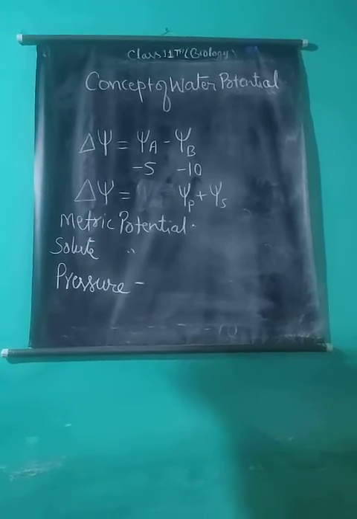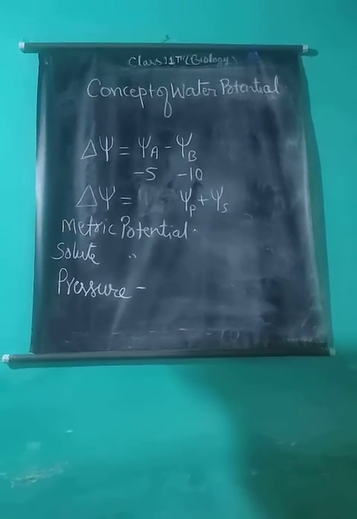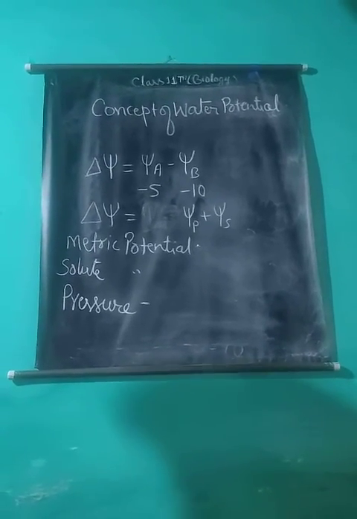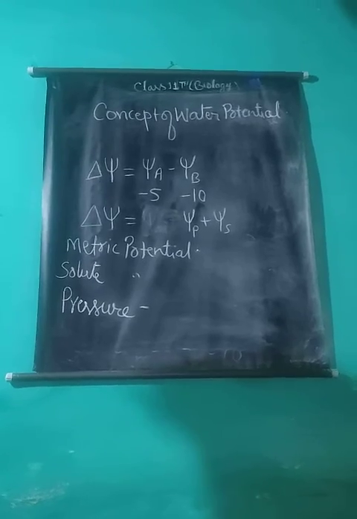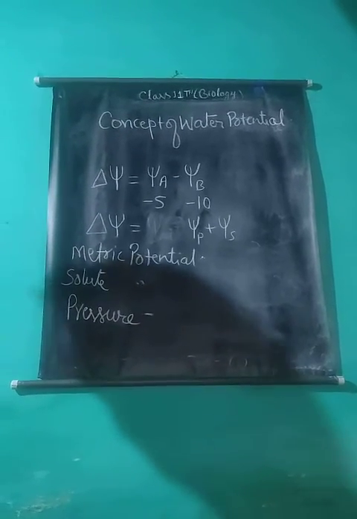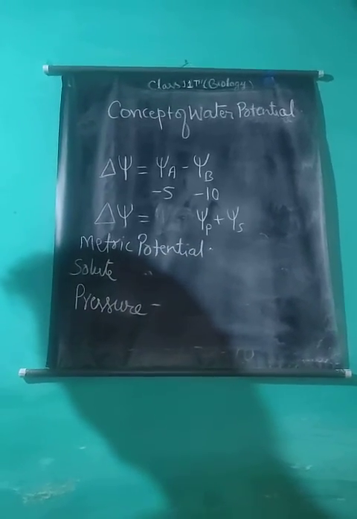The value of pressure potential in plant cells is positive and pressure potential is equivalent to wall pressure or turgor pressure. These are the different types of water potentials.